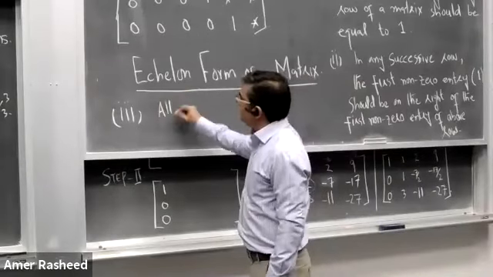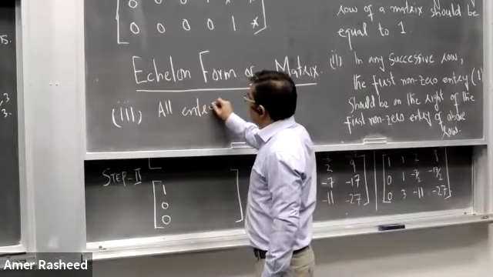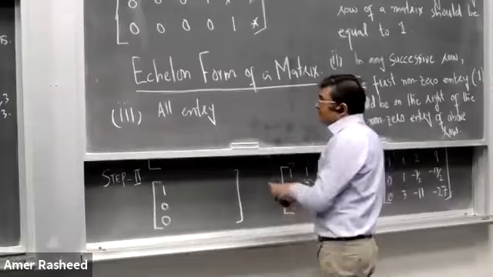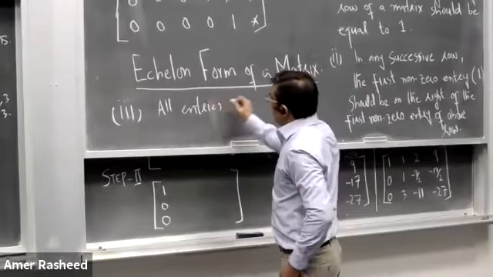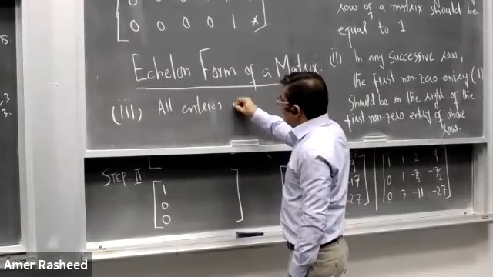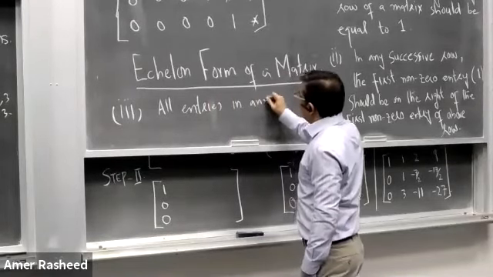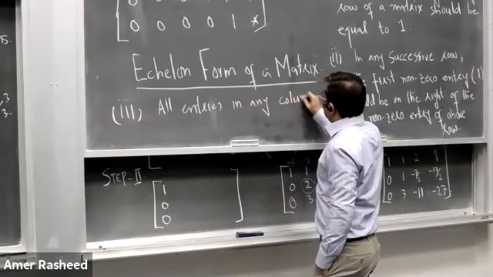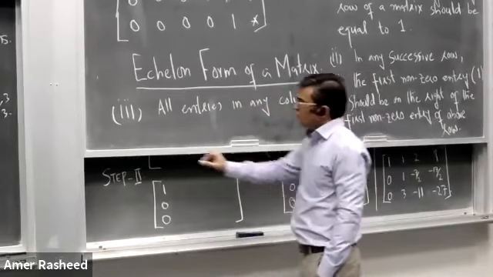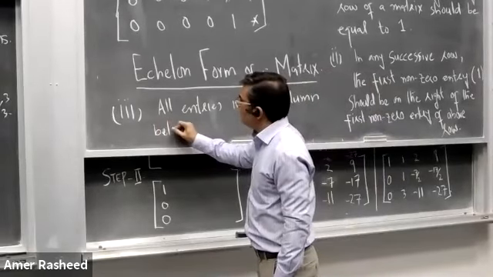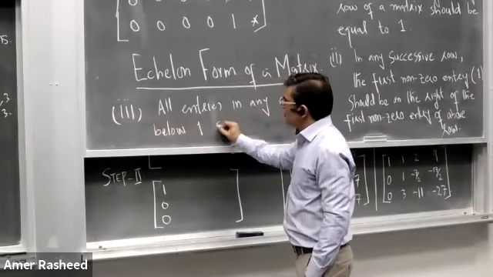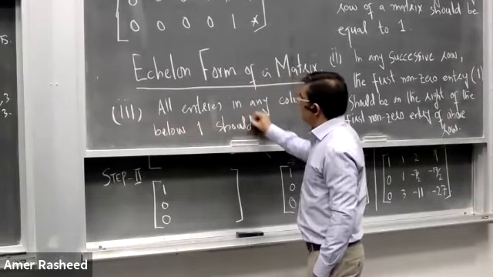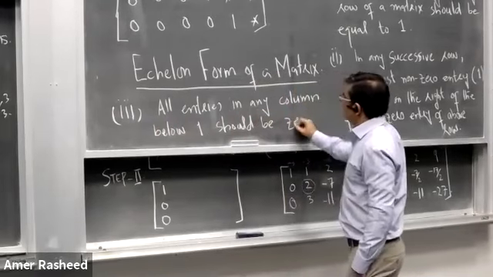All entries in any column below the first non-zero entry, which is 1, should be 0.